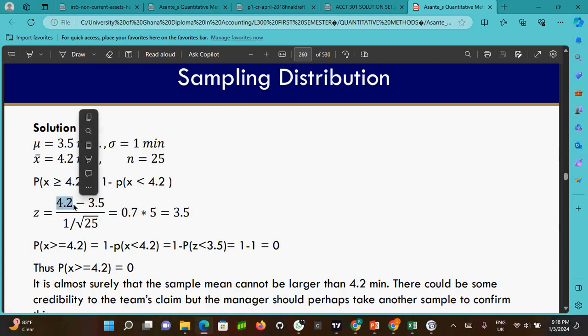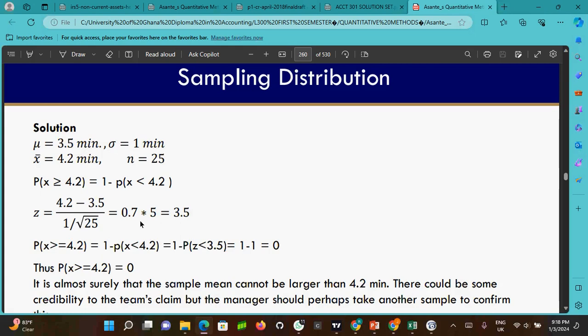As shown here, 4.2 minus 3.5 over 1 divided by the root of 25. So we will get 0.7 divided by 1 over 5. When you put the same thing on the calculator, you get the same thing.